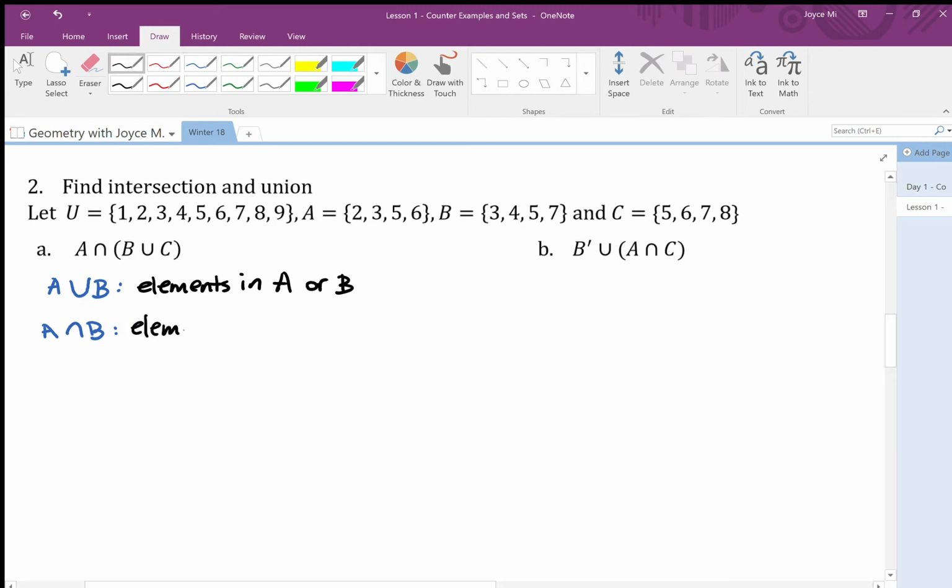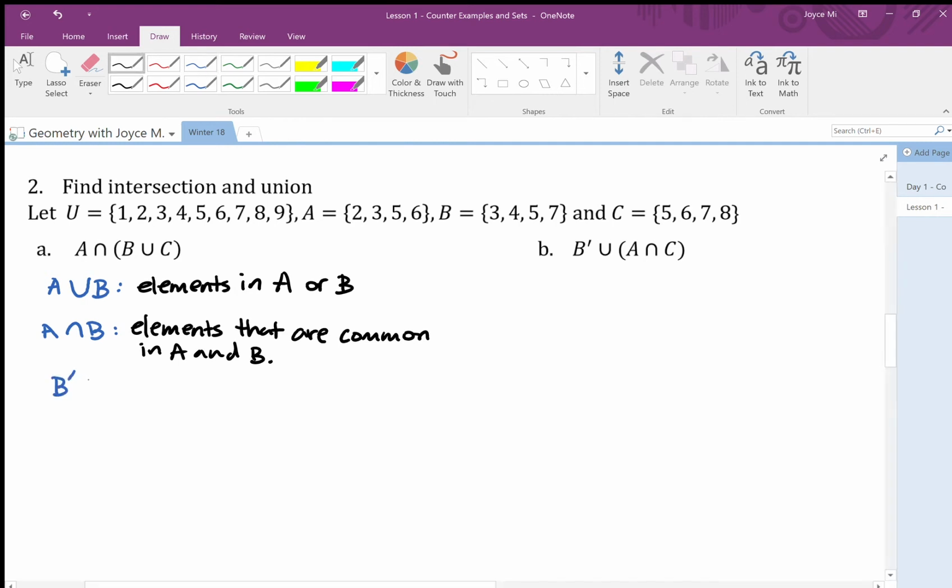Elements that are common in A and B. Another one that you see quite often is called a complement. In complement, we usually put a dot for the implied complement.